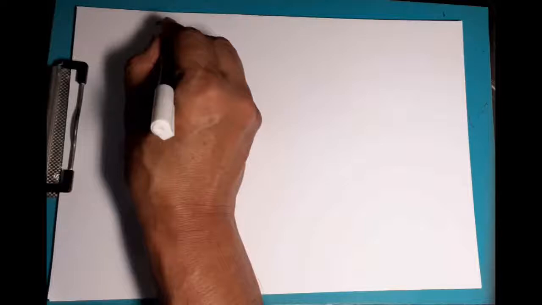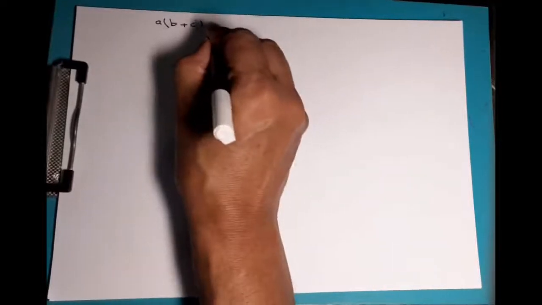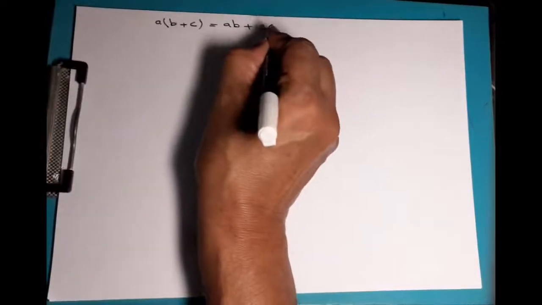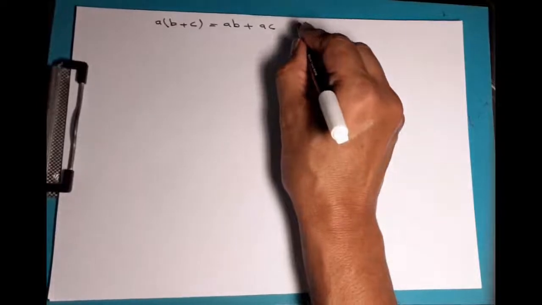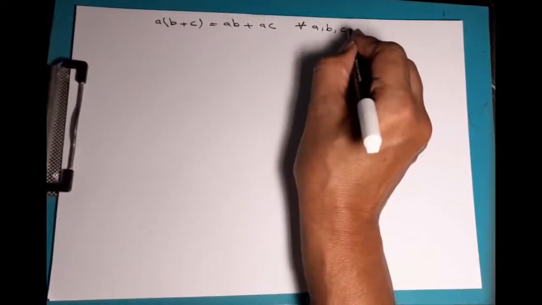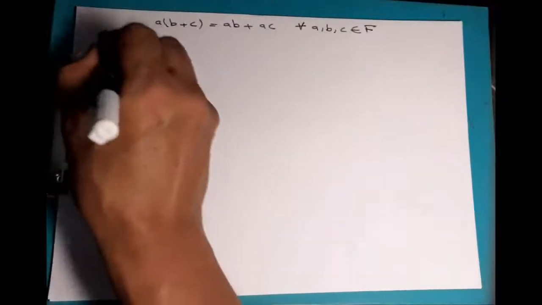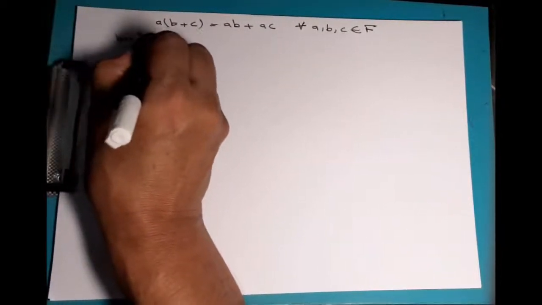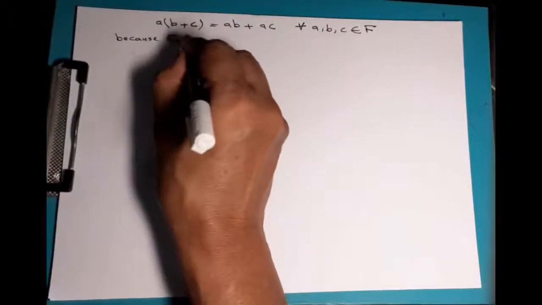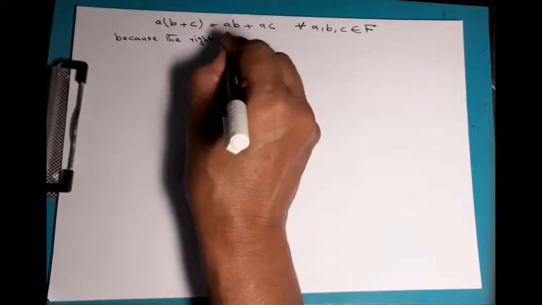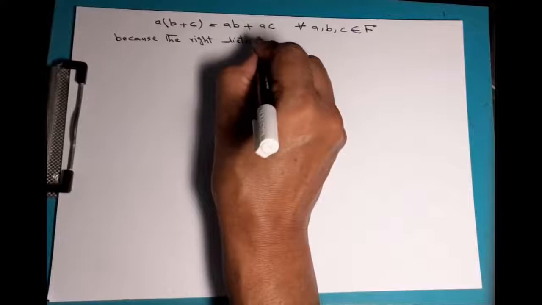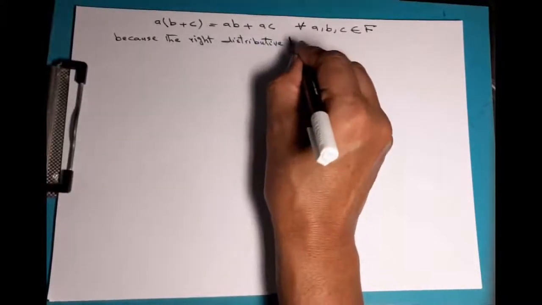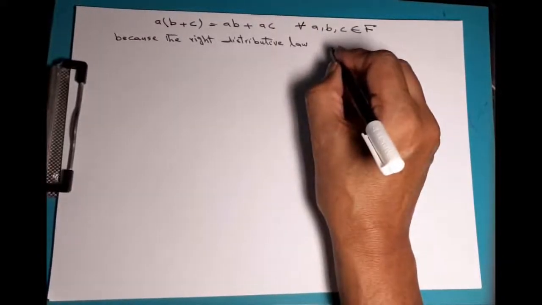So it is sufficient to mention this distributive law: A multiplied with B plus C is equal to A multiplied with B plus A multiplied with C for all A, B, C belonging to F, because the right distributive law would also hold because of commutativity of multiplication.